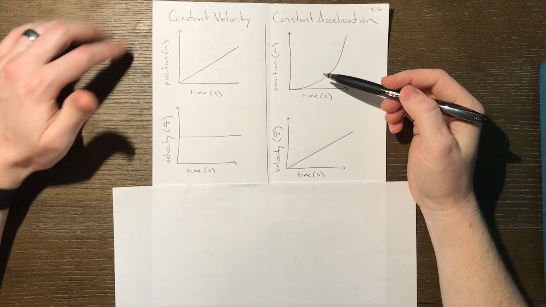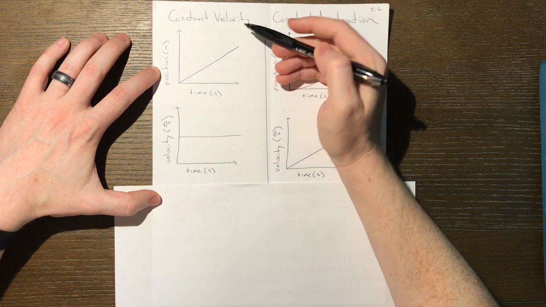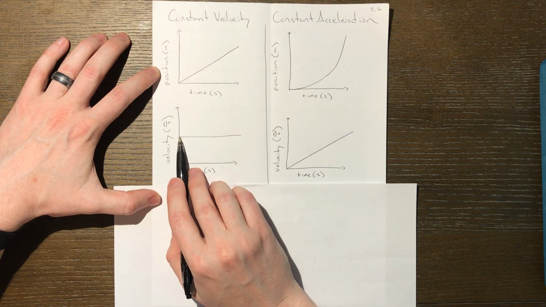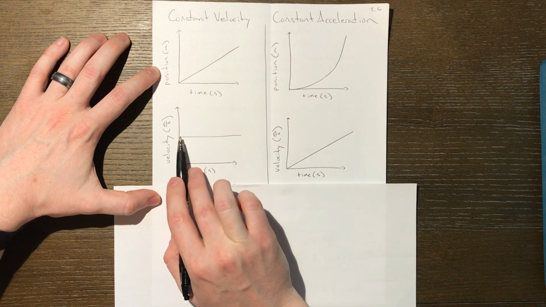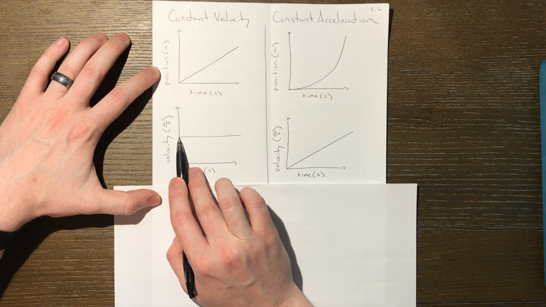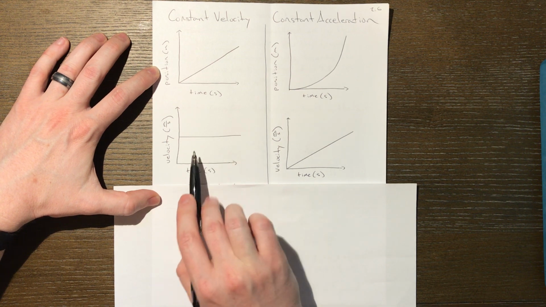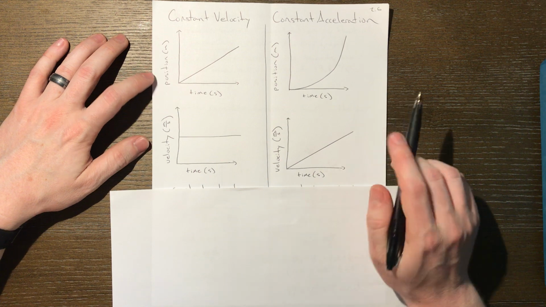If we were then to plot velocity versus time, a constant velocity situation would look like a perfectly flat line. We would be at some velocity, and it wouldn't be changing. We're happy right where we're at, whatever velocity we have, and it doesn't change, so it just gets carried straight over. As time goes on, it doesn't change.